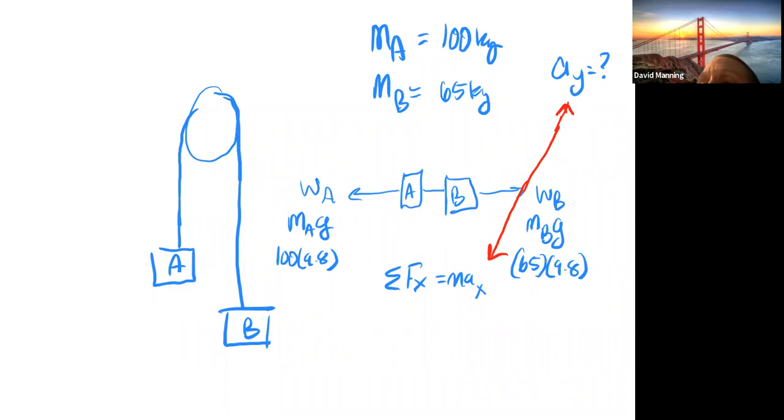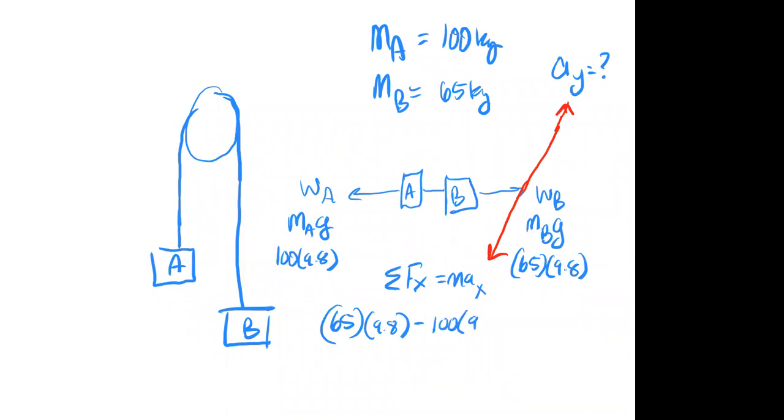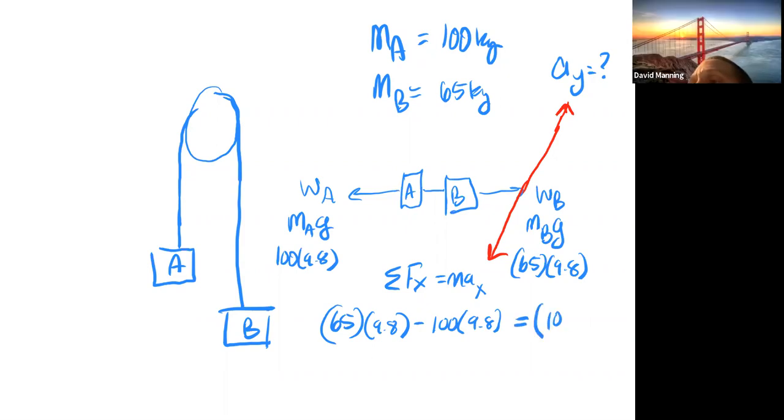So our positive force WB is 65 times 9.8 minus 100 times 9.8 equals the total mass, 100 plus 65, times ax.